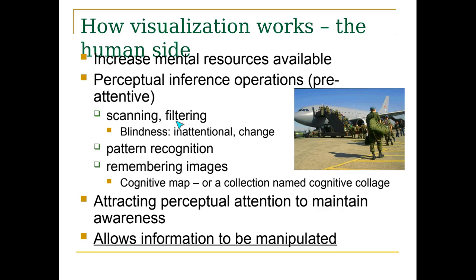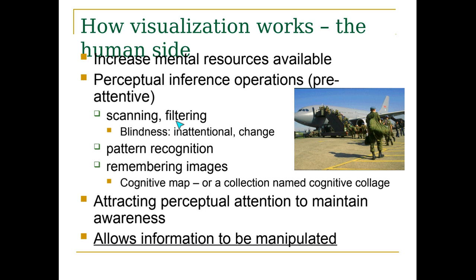But we can also filter noise, which is a good thing. So if the data has some imperfections, those of you in the data quality field, information quality, data quality, maybe visualizations are able to show those, and our visual system will just ignore the things that don't appear right. So filtering is a two-edged sword.